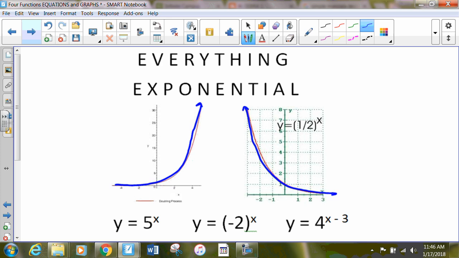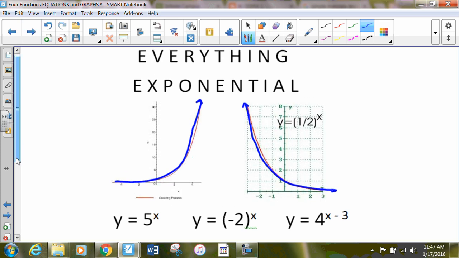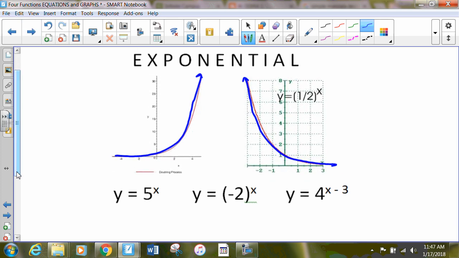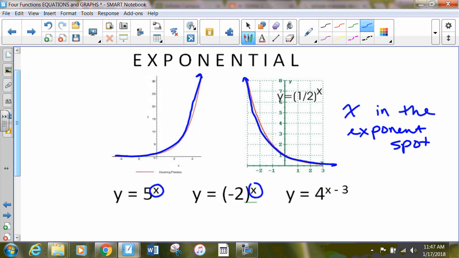Down the road this semester, we're going to do a more in-depth look into these. But right now, we just want you to be aware of what exponential graphs look like. And same thing with the exponential equations. Exponential equations always have an x in the exponent spot. So you'll always see an x up here, and you know that if you see an x in the exponent spot, it is exponential.